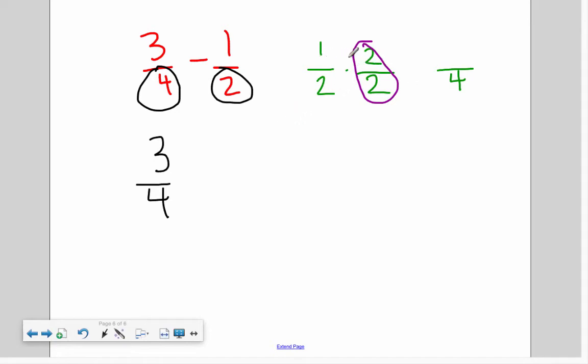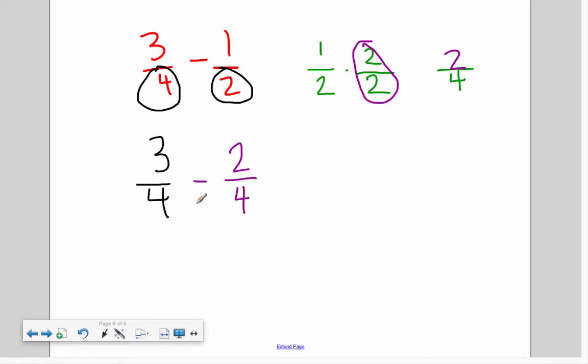When you multiply fractions, you multiply across. 1 times 2 is 2. 2 times 2 is 4. Now we've changed the way 1/2 looks. We've changed it to look like 2 over 4.